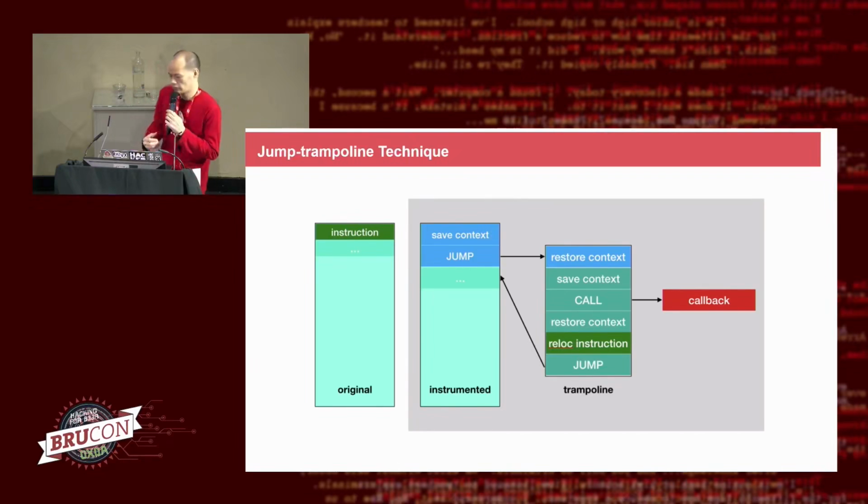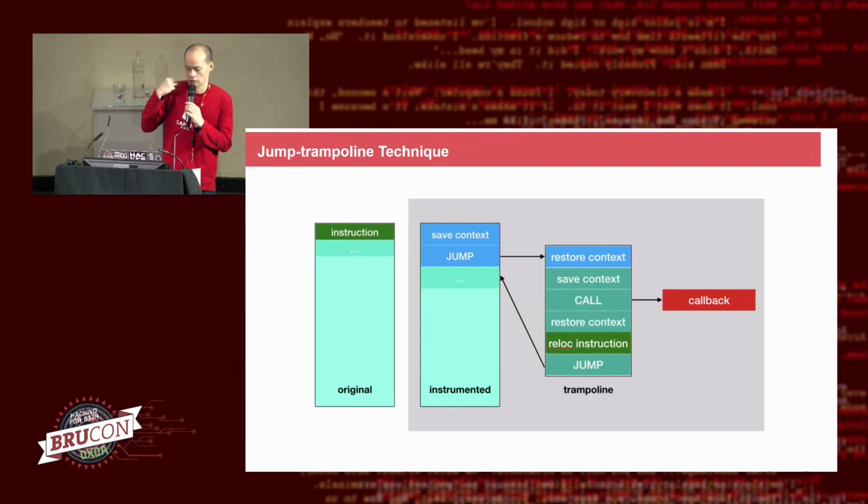And after our instrumentation code has run, we need to execute the original instruction, right? But the idea is that we need to move the original instruction. We need to copy the original instruction from the original place to our own trampoline buffer. However, some instructions are very sensitive to moving like this.